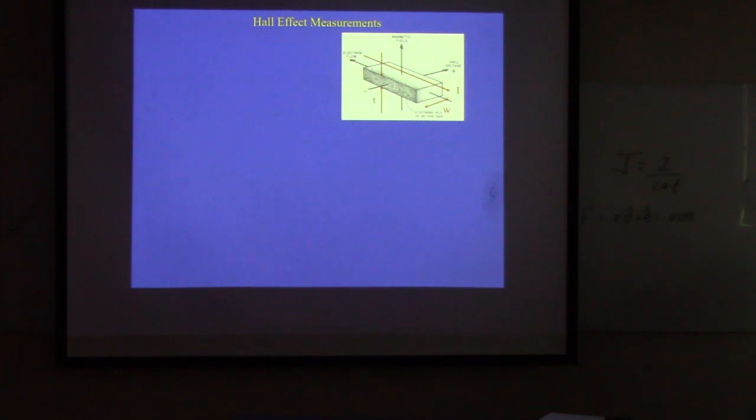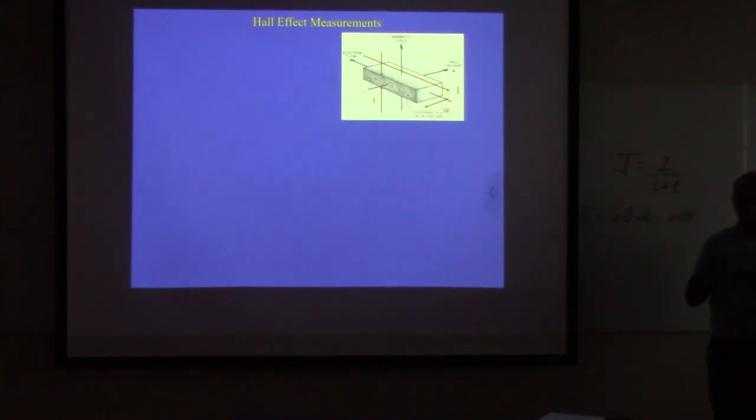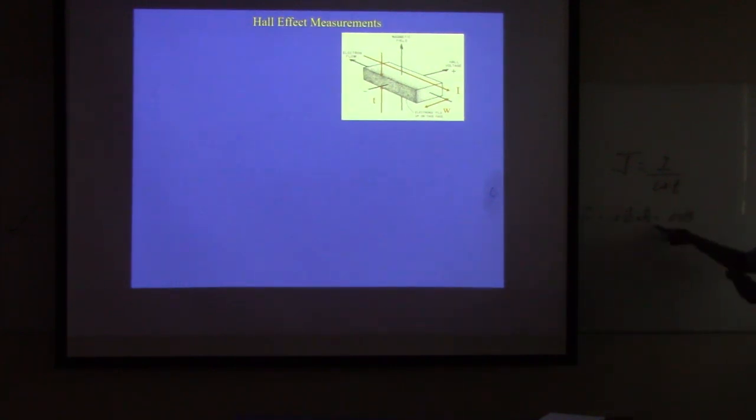So this force is going to make charges accumulate here indefinitely. So then it will apply something called a Hall field to balance this one. Then it will not accumulate anymore, right?